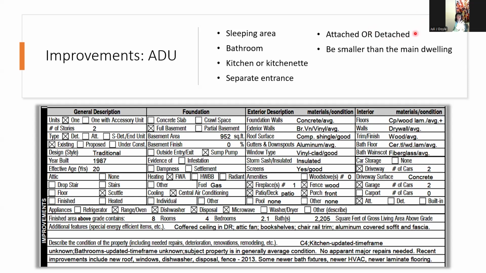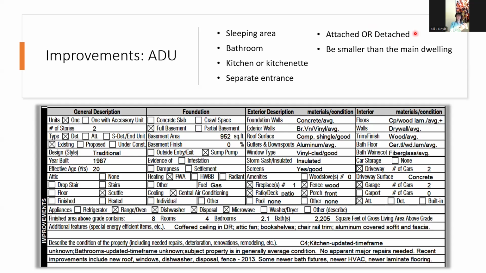That means that it can be inside of a detached garage. It could be in an attached garage. It could be above a detached garage. It could be above an attached garage. Maybe that was just kind of like attic area or something, and now they've just completely made it into like a little small, tiny apartment.